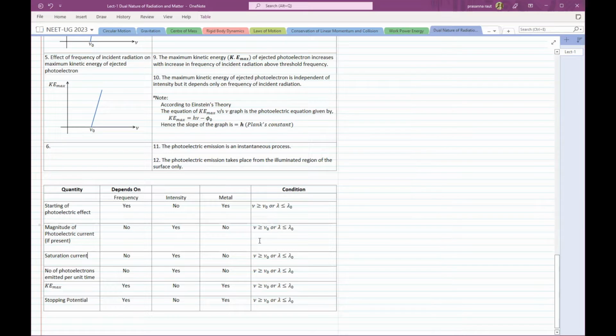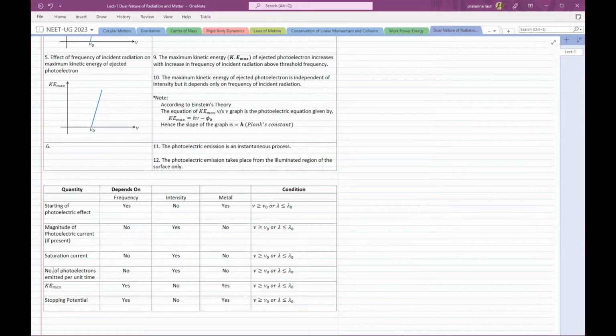Saturation current is the maximum current for given intensity. It is independent of frequency, depends on intensity, but is not dependent on metal, provided the frequency is greater than or equal to threshold frequency. Then maximum kinetic energy of ejected photoelectron, which I denote by Kmax, is frequency dependent, independent of intensity, but depends on metal.